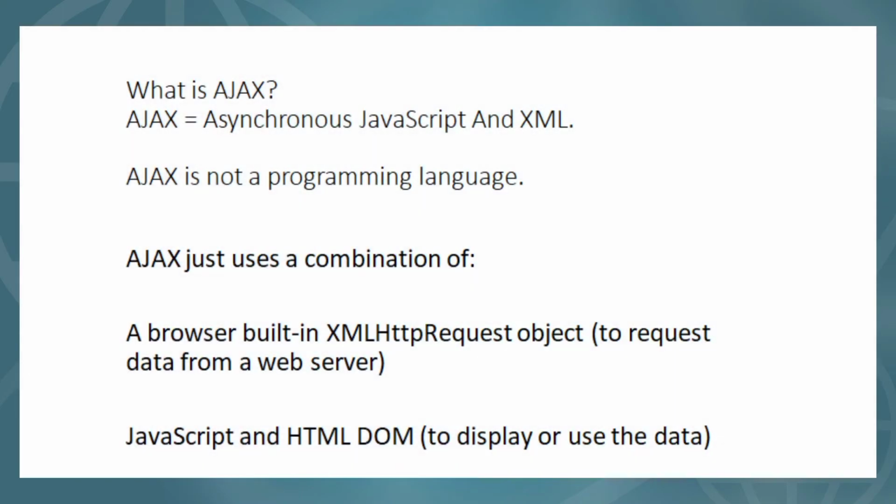What is AJAX? AJAX means Asynchronous JavaScript and XML. AJAX is not a programming language. AJAX just uses a combination of a browser built-in XMLHttpRequest object to request data from a web server, and JavaScript and the HTML DOM to display or use the data.